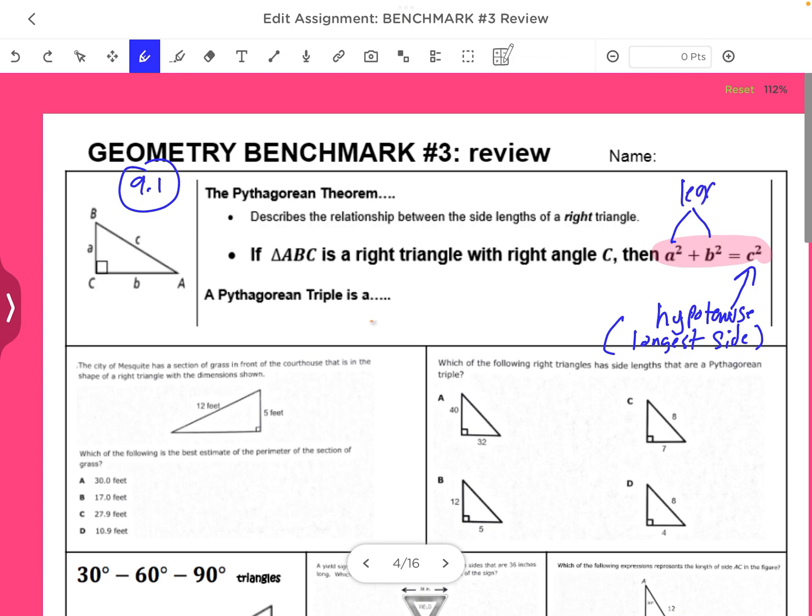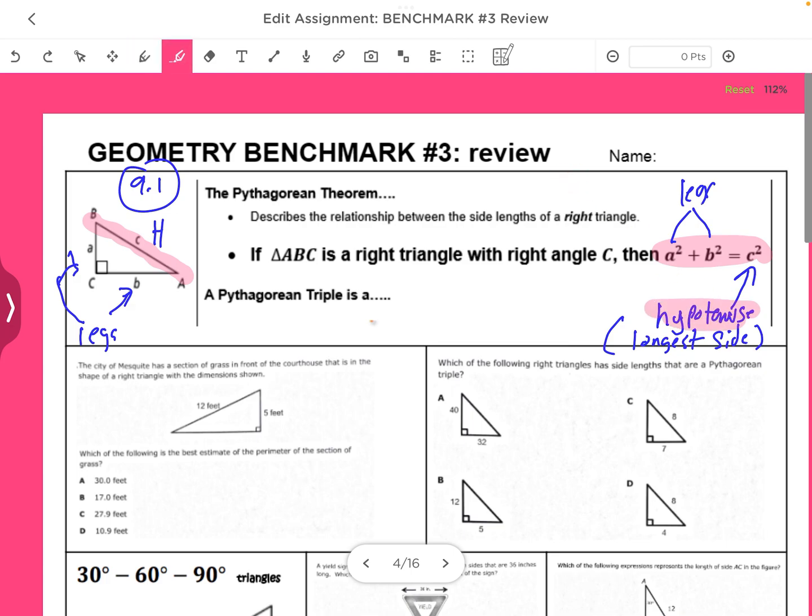Let's take a look at this picture right over here. We see that this is the longest side, because it's across from that 90-degree angle, so this one is going to be the hypotenuse, and this one right here and this one right here are going to be the legs. So the critical thing is that we make sure we put that hypotenuse in that c squared. That's the main thing.